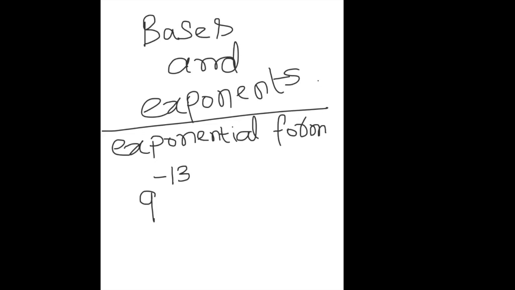Yes, sir. Why do you think this is in exponential form? Sir, they have a base and an exponent. Yes, very good. But in the exponent, they have minus. Yes, sir. So this is in exponential form because there is a base and there is an exponent. That is the only two criteria that we should check. Since there is a base and since there is an exponent, we can call this number exponential form.